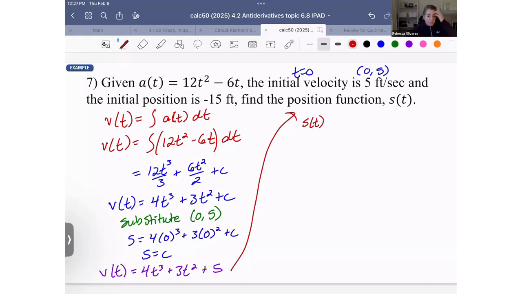So now I can go find the position function, which is going to be the integral of the velocity function. Use the power rule again.